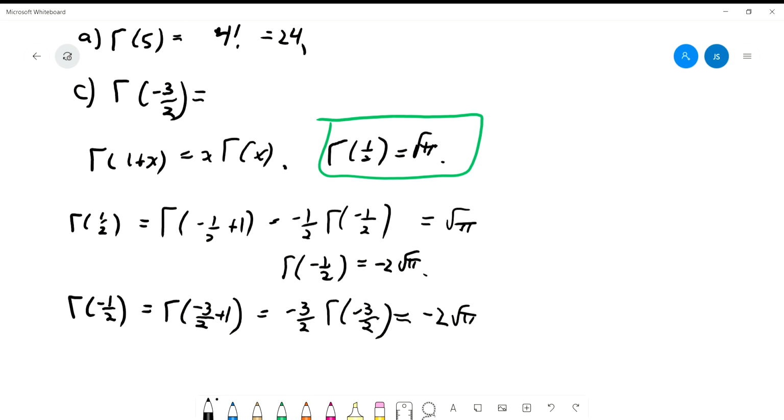And so gamma of negative 3 halves is equal to 4/3 square root of pi.